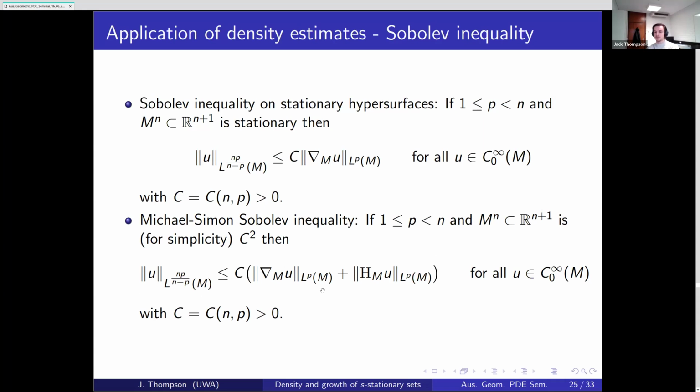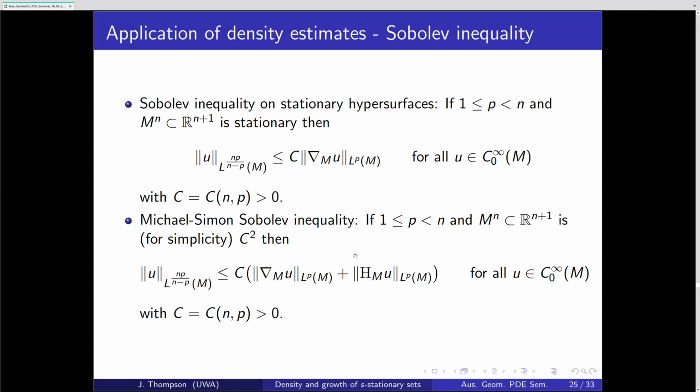This is very similar to the usual Sobolev inequality, but I have to add an error here involving the mean curvature because I'm on a hypersurface. Okay. So this can't hold in general on a hypersurface, because if M is compact, then a function with compact support is just one, but then this side is zero and this side is non-zero. So you need to add an error term in general.